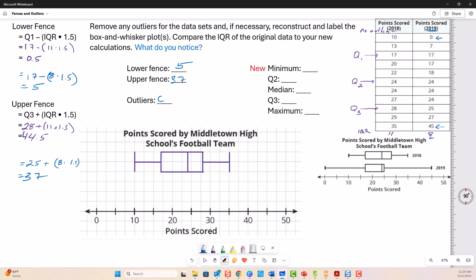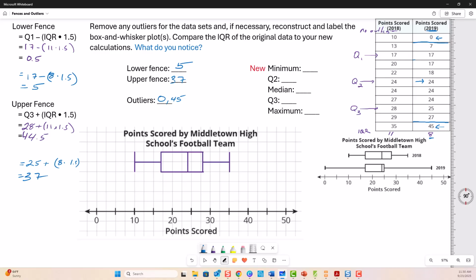I had outliers at 0, which was below my lower fence, and 45, which is above my upper fence. So now I need to work with this data set ignoring my outliers. Since I have one outlier on each side, I now have 9 pieces of data, and my median has not changed.